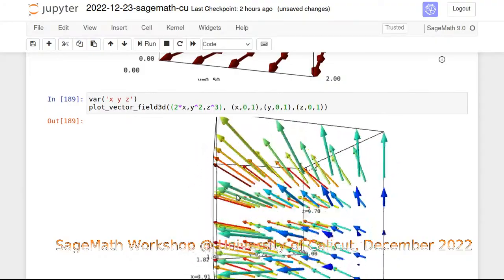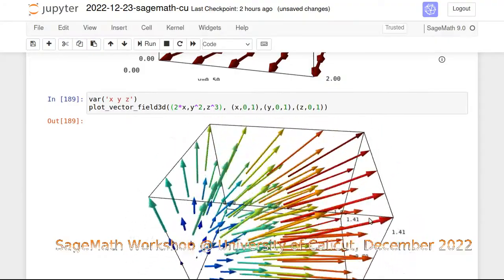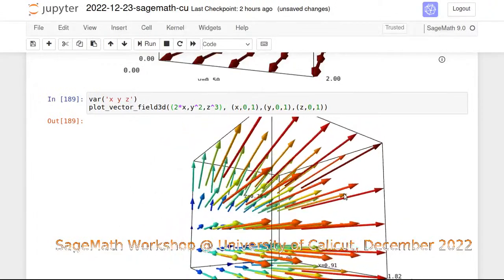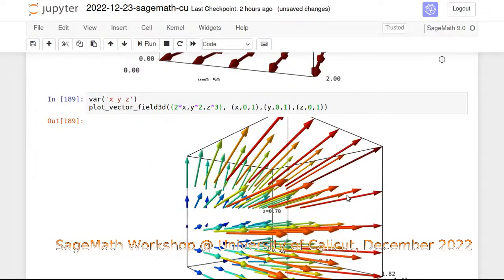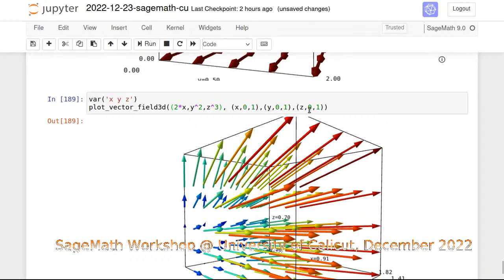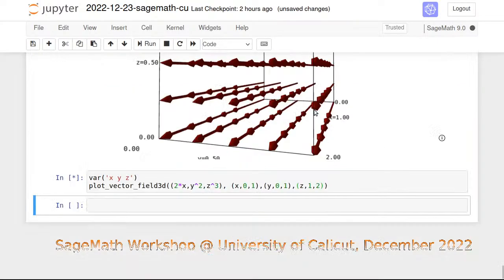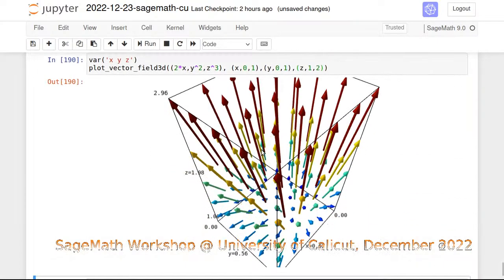Because of the function, I guess, this is actually giving some good output. See that the length of the vector is also increasing because x and y depend upon that z cube. If I give z in the range 1 to 2, z cube, I should get something bigger.